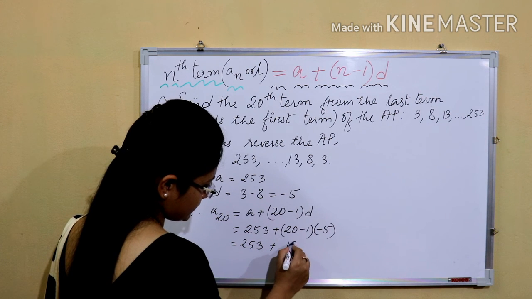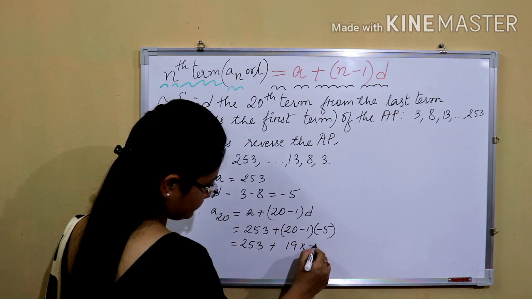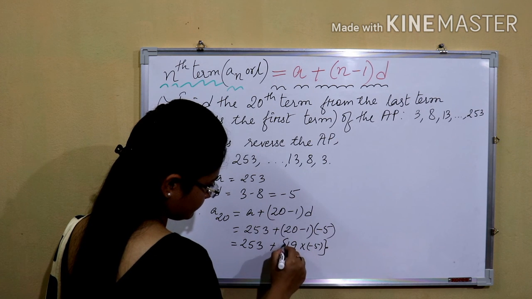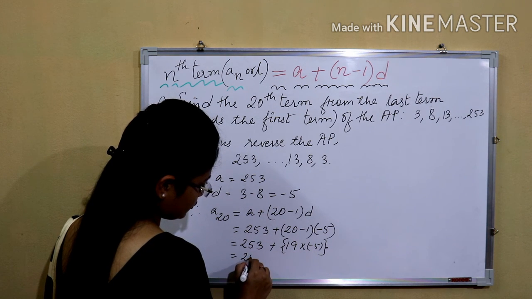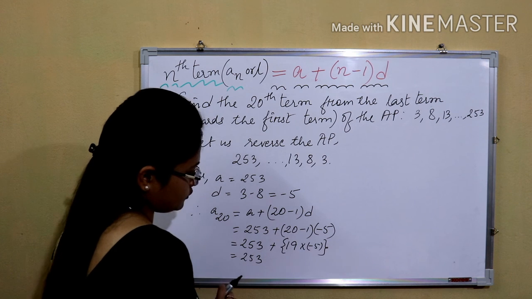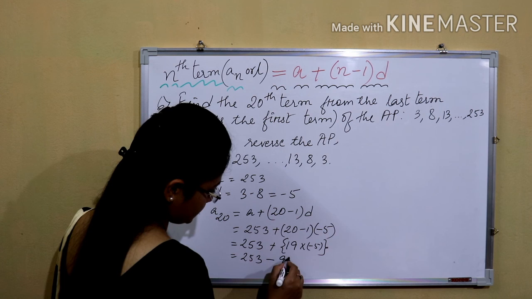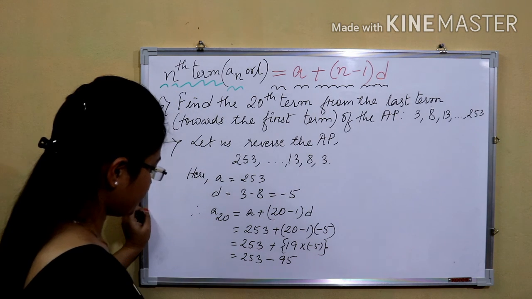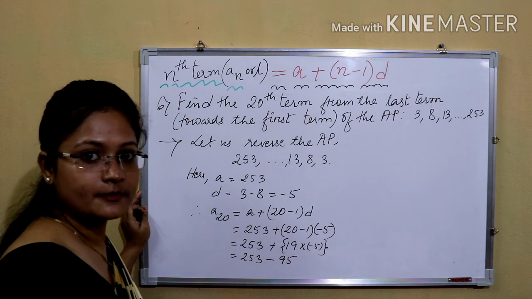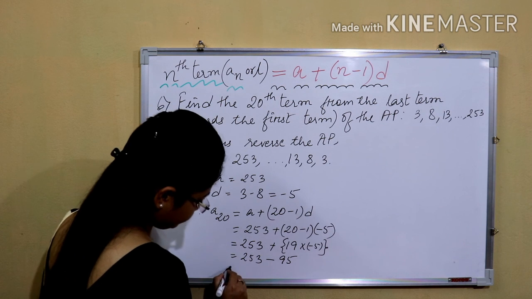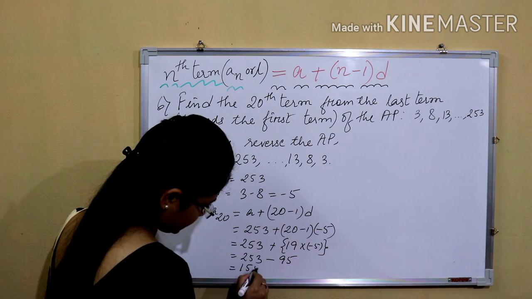So 253 plus 19 into minus 5 gives minus 95. So 253 minus 95, how much do we get? Yes, it is 158.